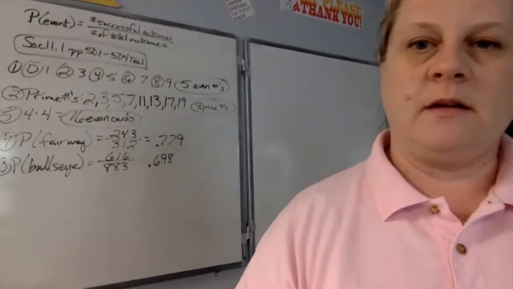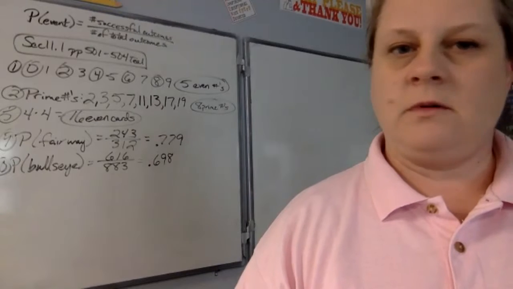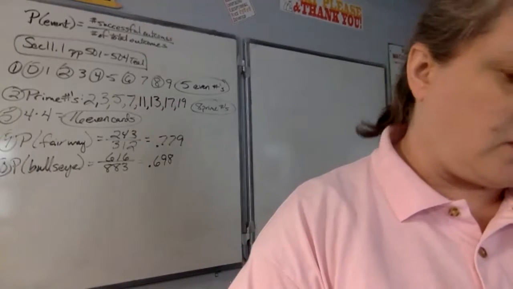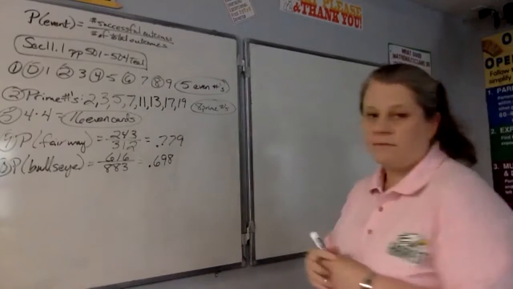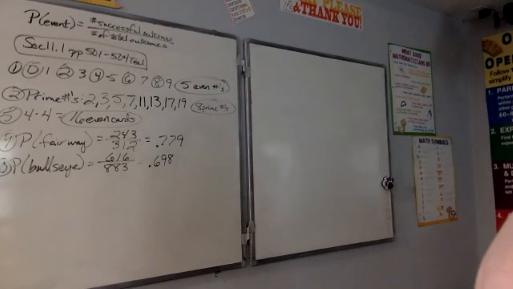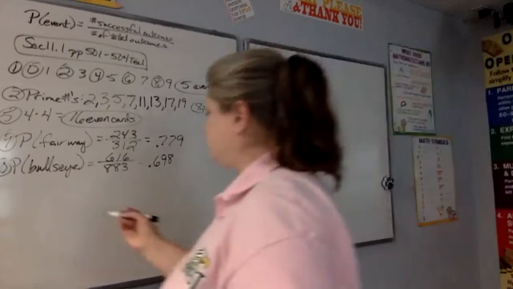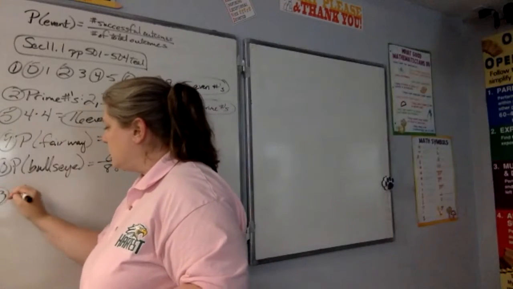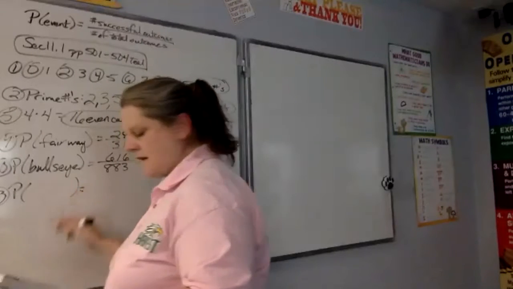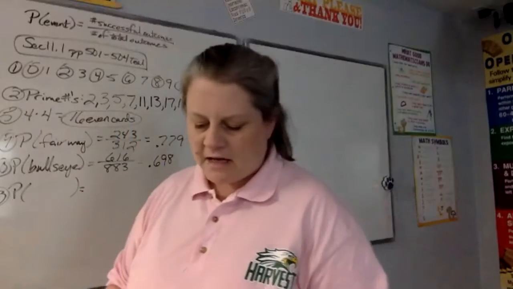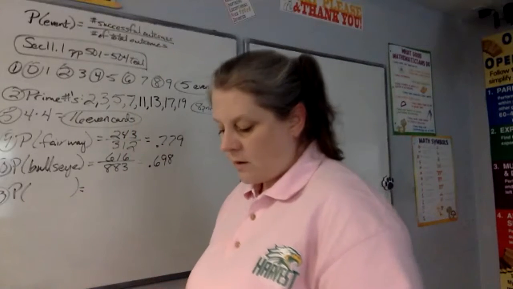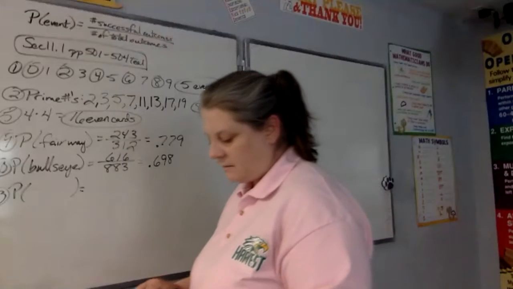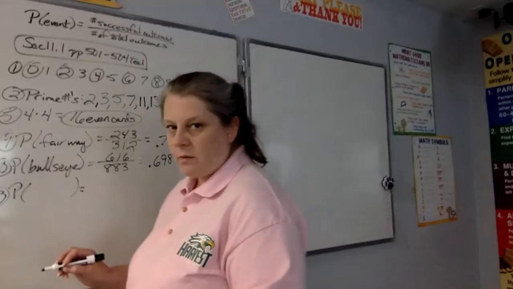You getting that? Okay, we're on page 502. We just did number 9 and 10, so we've got one more in this section. Number 13. It says a basketball player made 204 free throws of the 261 he attempted. What is the probability that he will make a free throw?